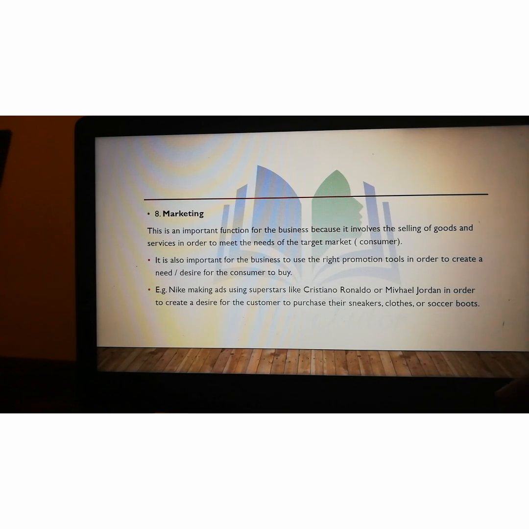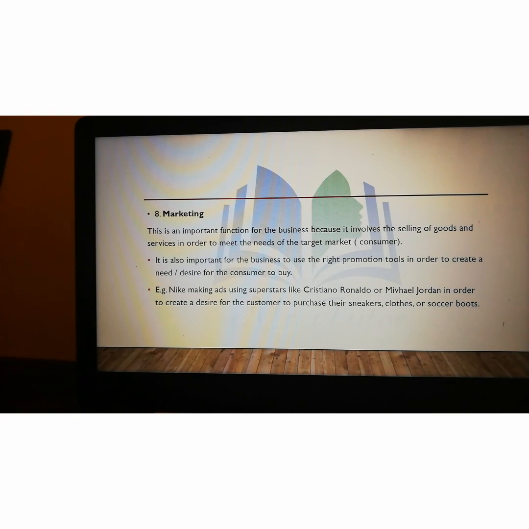It's an important function. Another example here, I like using this scenario, is Nike. They would make ads of superstars like Cristiano or Michael Jordan, in order to create a desire for the customer to purchase their sneakers, clothes, or even soccer boots.